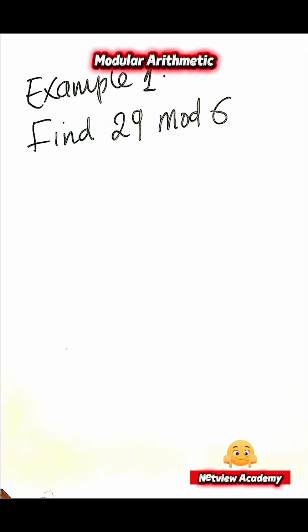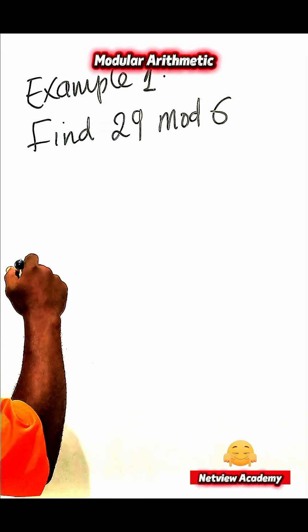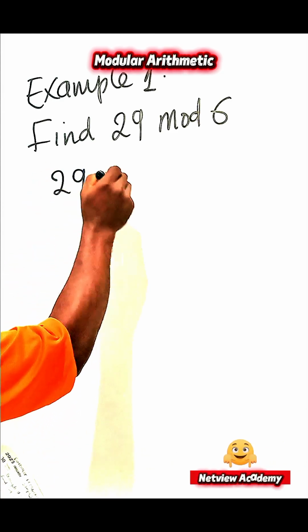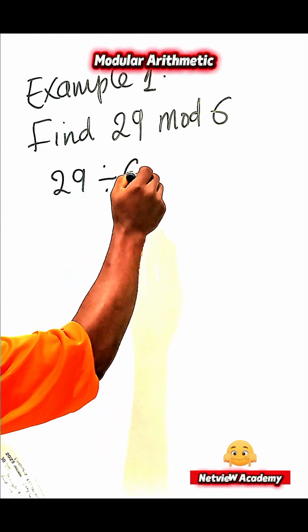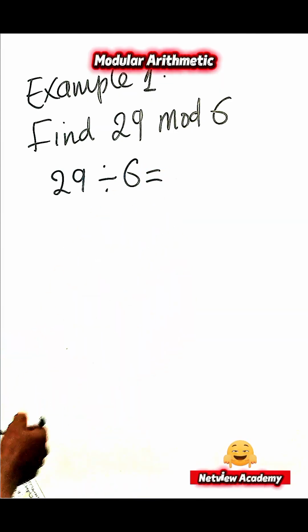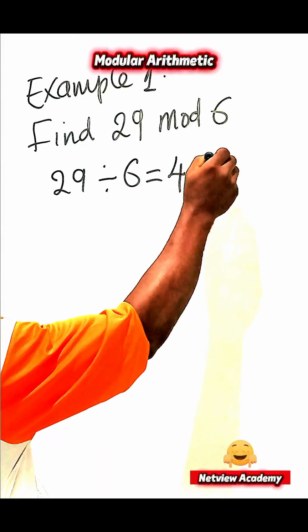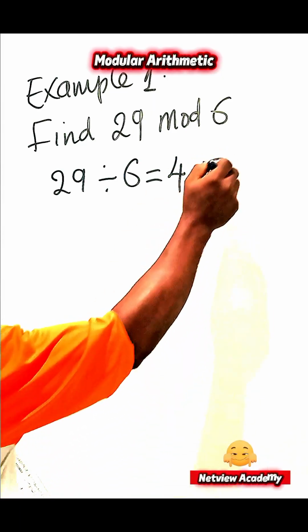Now, 29 divided by 6 is equal to 4, remainder 5.